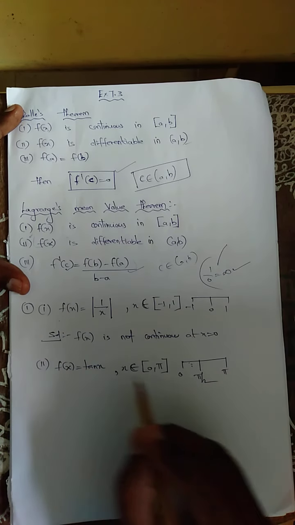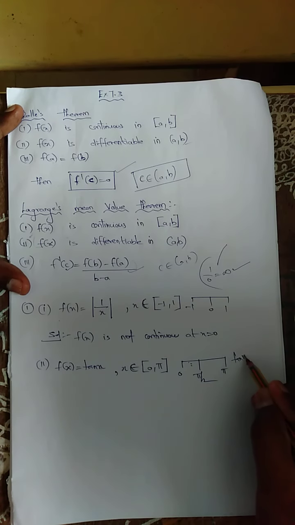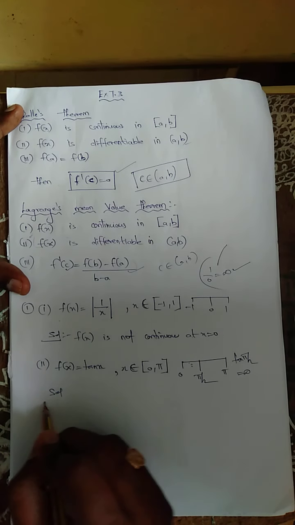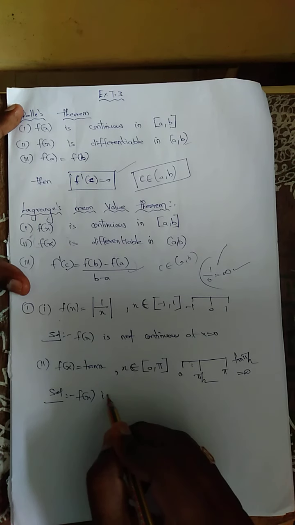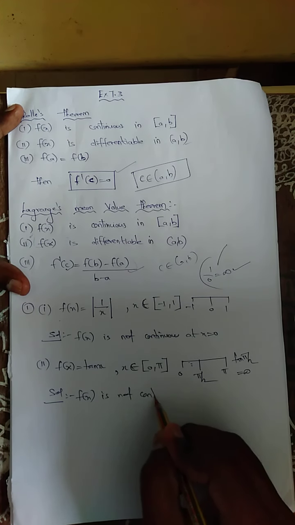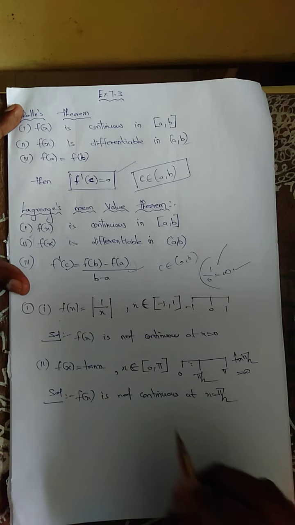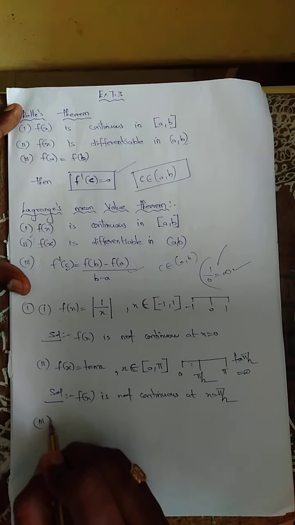At tan pi by 2, what is tan pi by 2? Infinity. Tan pi by 2 is an undefined value. Once again I am getting the undefined value. So f(x) is not continuous at x is equal to pi by 2. So Rolle's theorem does not satisfy. It's very easy, no?